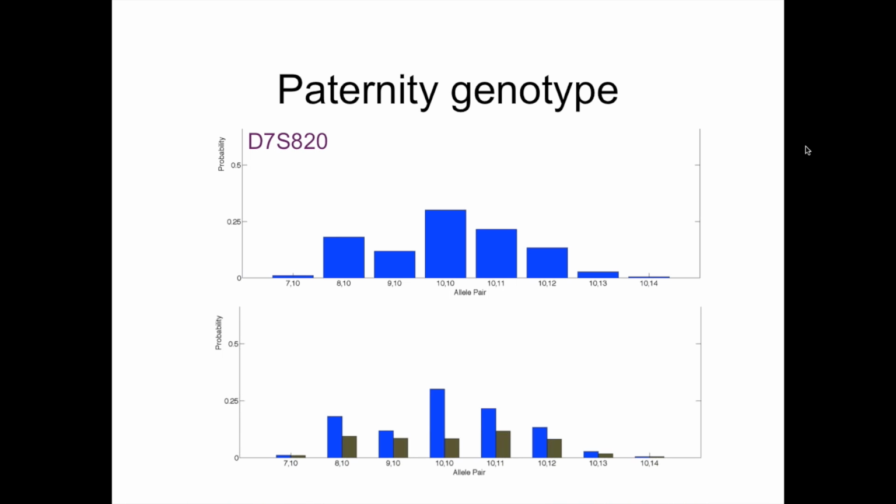And what we can see is that the brown bars, which give the probability distribution of a random person in a Caucasian population, are different than the blue bars, which tell us what the genotype probability is at this D7 locus after we've seen the pedigree data. So if there are differences like this at every locus, we would expect that there would be some information.